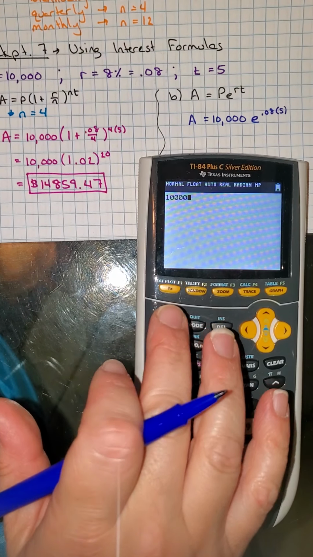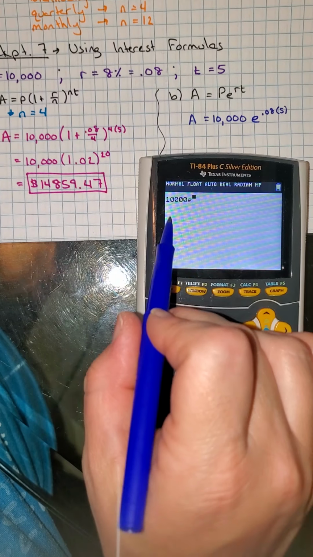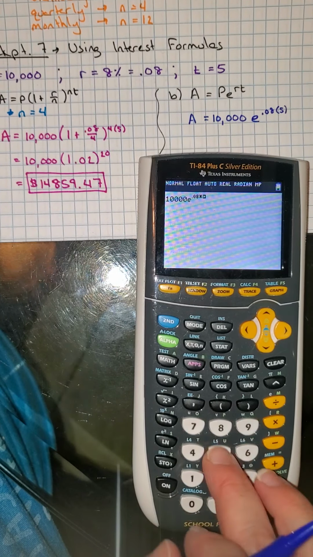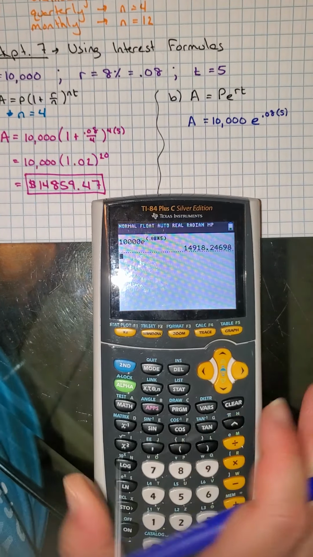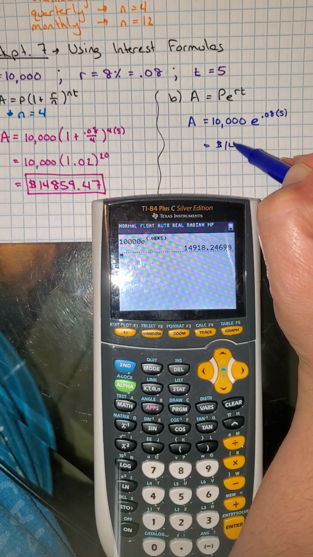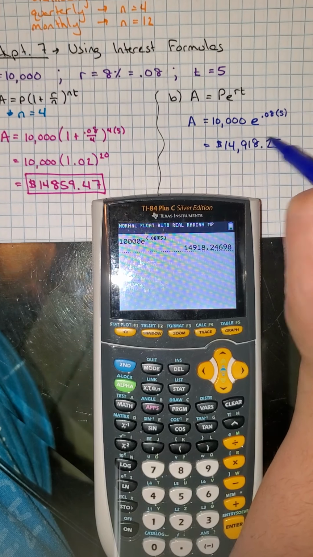I have to do these after my kids go to bed because they're crazy. All right, so we have 10,000 E to the 0.08 times 5. Close the parentheses or whatever. There's your answer. So 14,000, round it like money again. $14,918.25.